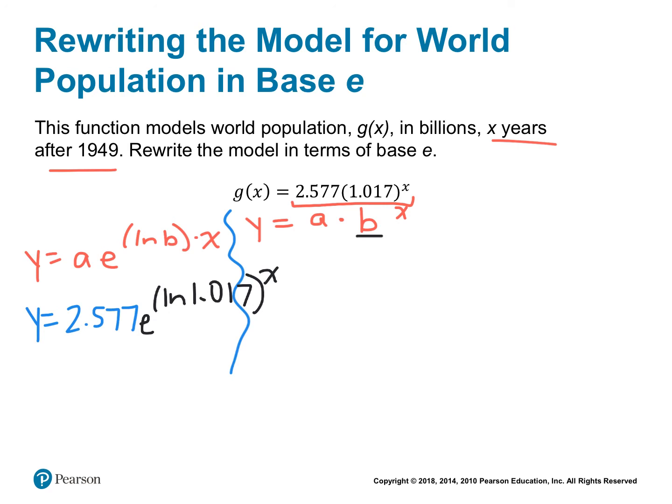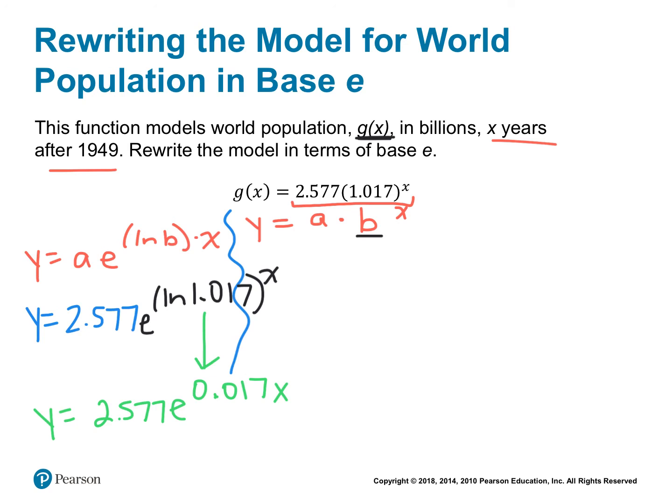So from there I can simplify this. If you plug in a calculator, you're going to get 0.017. Bring everything else down. Okay, and for this situation, they want us to write it with g of x.